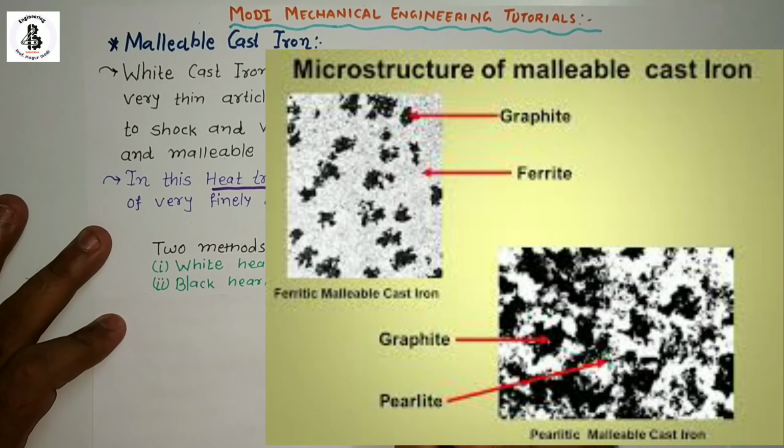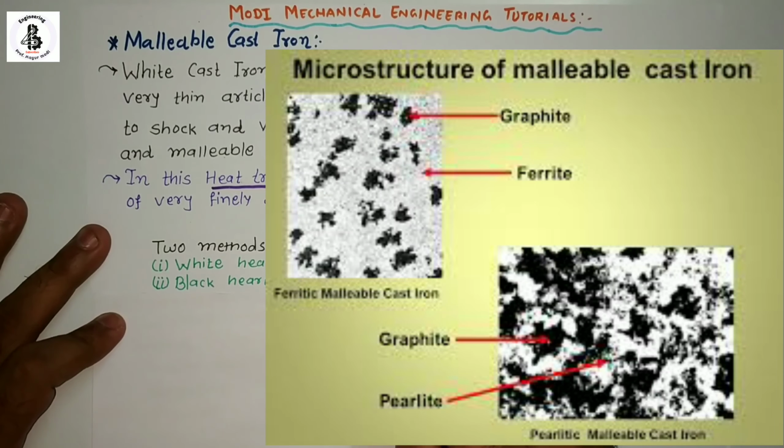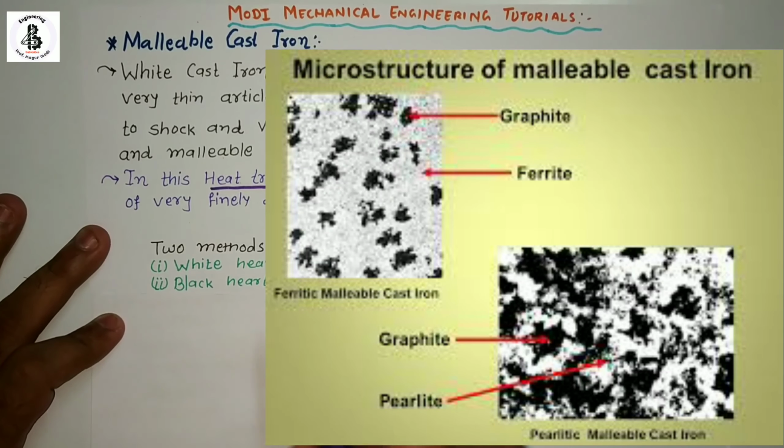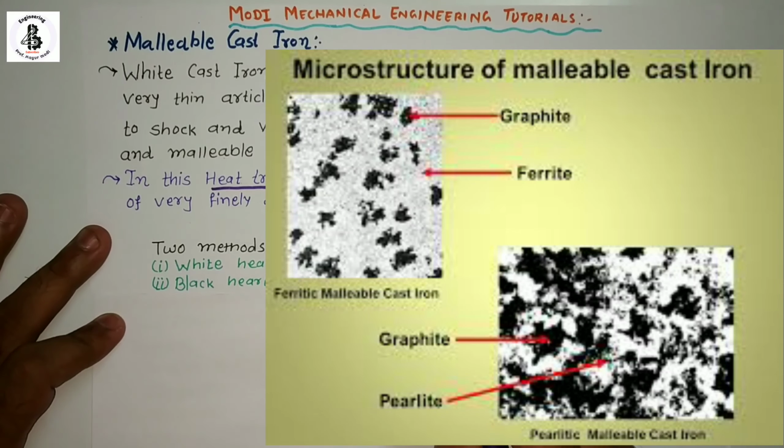White heart malleable castings are produced by annealing, or malleabilizing, in an oxidizing atmosphere, which results in decarburization of the surface of the castings. So that is the white heart malleabilization method.